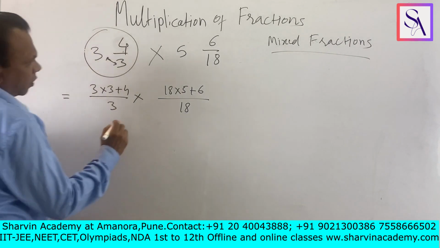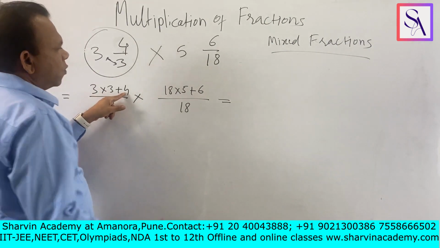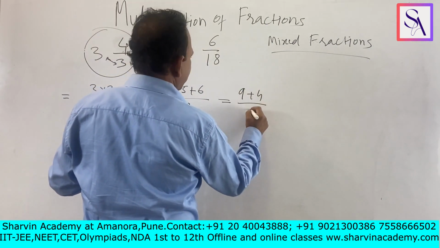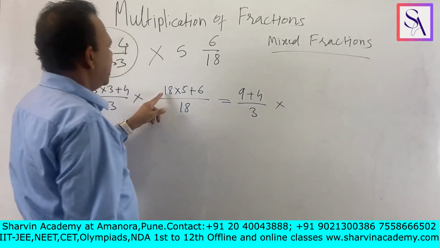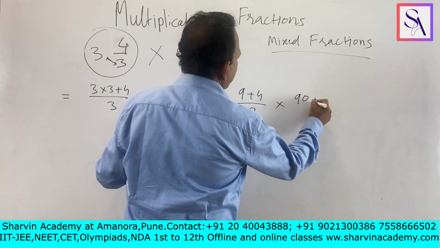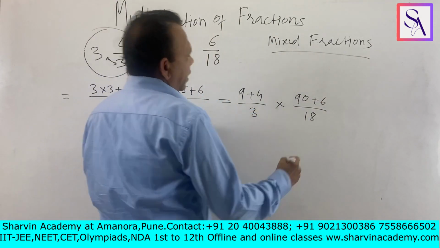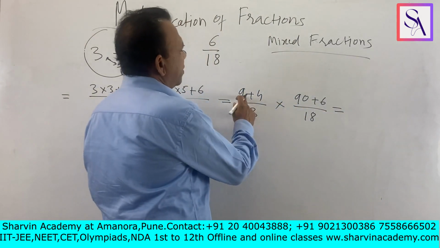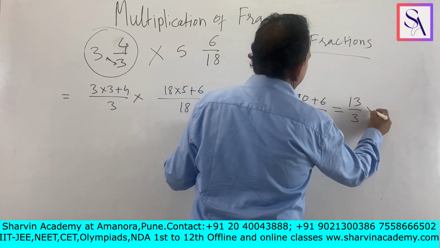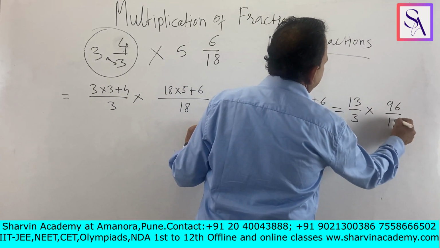So if I write, 3 3s are 9 plus 4 divided by 3, multiplied by 18 5s are 90 plus 6 divided by 18. Again, 9 plus 4 is 13, so 13 by 3 multiplied by 96 by 18.